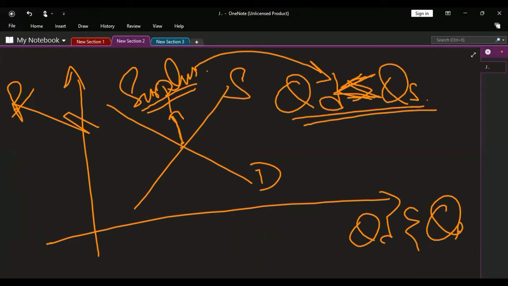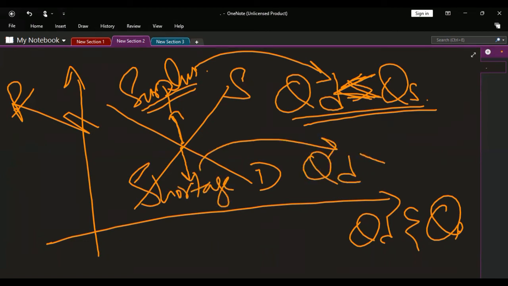And if we move downward from this point, it will create a shortage in the market, which means quantity demanded is greater than quantity supplied. That people are demanding more, but there is only a limited supply available in the market. So it is the best point which is feasible for a market to continue its operation, which is called the equilibrium level.